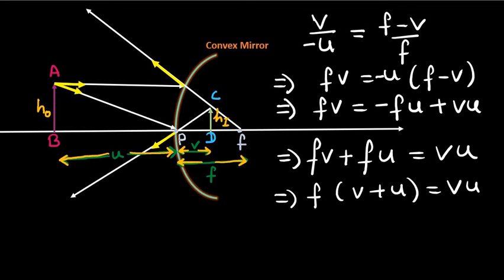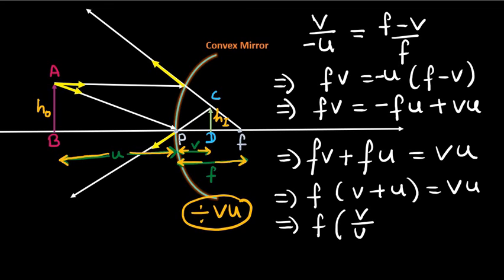Now doing a common operation throughout, let us divide throughout by vu. Each term by vu, we will get fv by vu plus fu by vu, and on the right side vu divided by vu is 1. And on the left side we see some simple cancellation: v cancels and the next term u cancels.